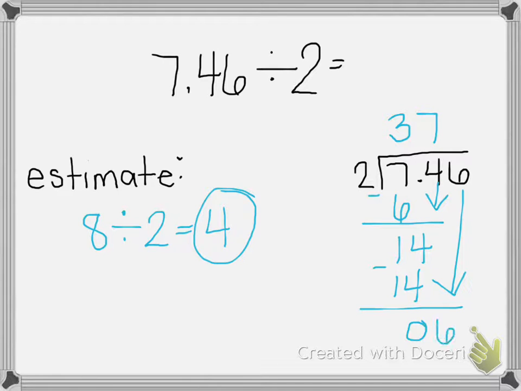Bring down the 6. 2 goes into 6 3 times. Since I have nothing else to bring down, we're done with our problem. However, we know our answer has to be around 4, and as of now, our answer is 373. So we have to put that decimal point where it belongs. In order to make it close to 4, I have to put it right between the 3 and the 7. So your answer is 3 and 73 hundredths, which is very close to 4.